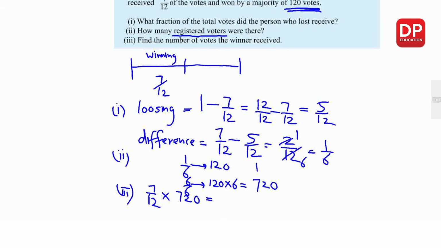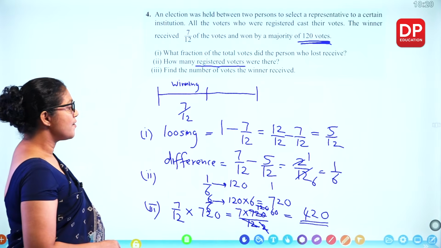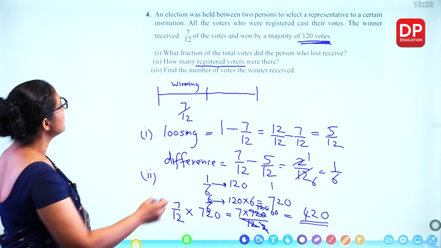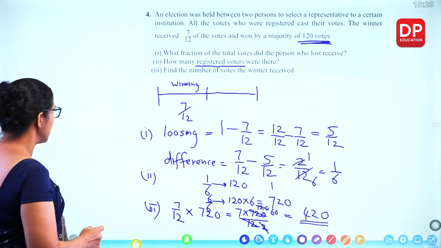You can rewrite this as 7 times 720 divided by 12. You can first divide by 6. 6 times 2, 6 times 1, 6, 1 remaining for 12, 2. So 120. Again you can divide this by 2, 60. So 60 times 7. 0. 6 times 7 is 42. So to win the election, they need 420. That's the answer for the third part.